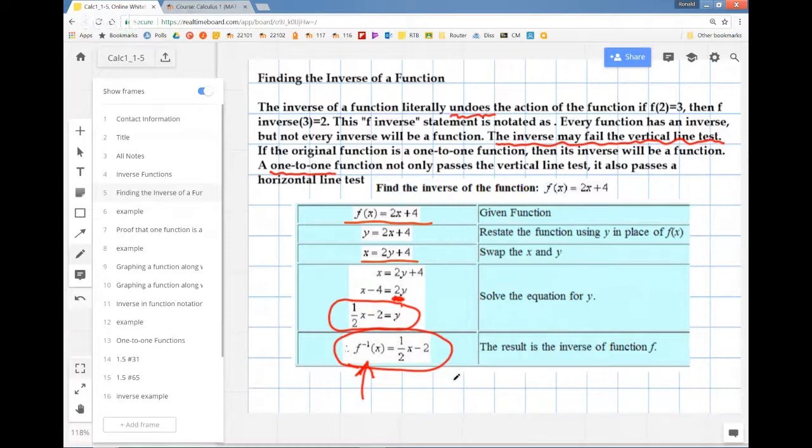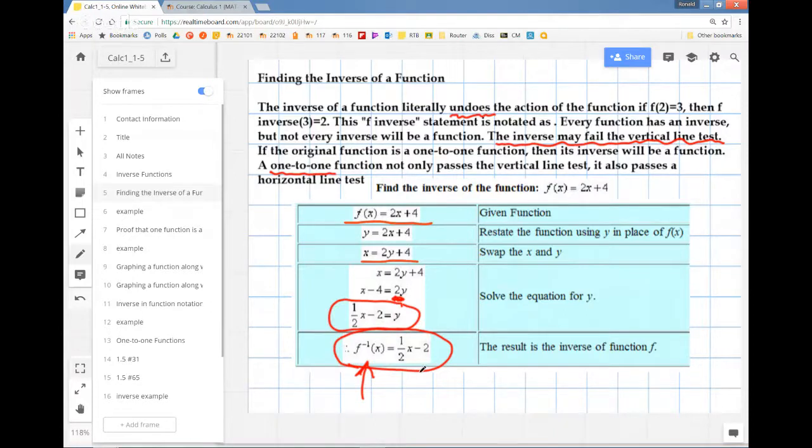Now, the book makes a big deal out of this. And that is when your inverse is itself a function, then they're happy. Like here, this turns out to be a function on its own, 1/2 x minus 2.